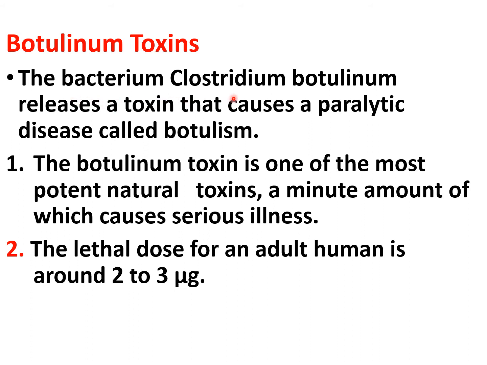The bacterium Clostridium botulinum releases a toxin that causes a paralytic disease called botulism. The botulinum toxin is one of the most potent natural toxins, a minute amount of which causes serious illness. The lethal dose for an adult human is around 2 to 3 micrograms.